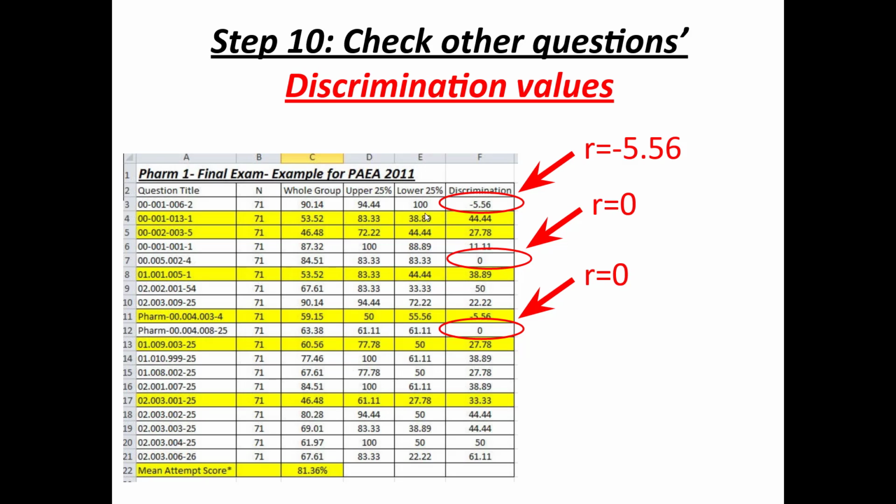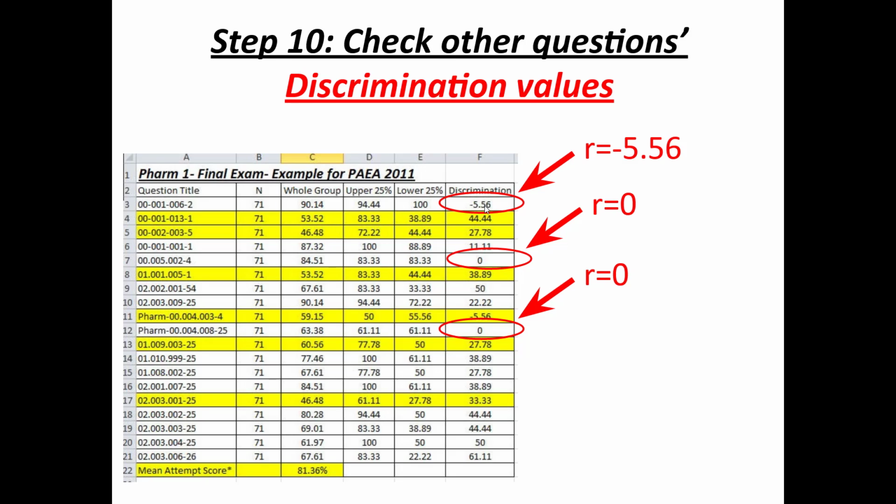If you had a question with a difficulty of 61% but a negative discriminator, you might want to look at that also, because the discriminator tells you that even though 61% got it correct, of the 39% that got it incorrect, more of those did better on the test overall than the ones who got it correct.